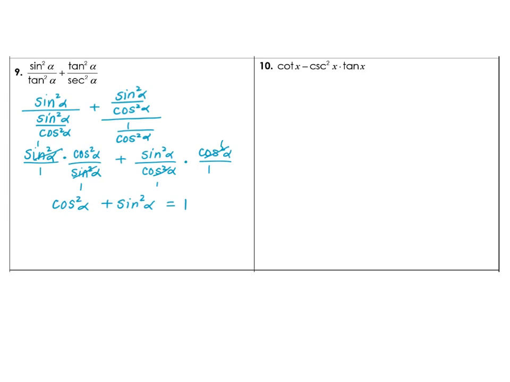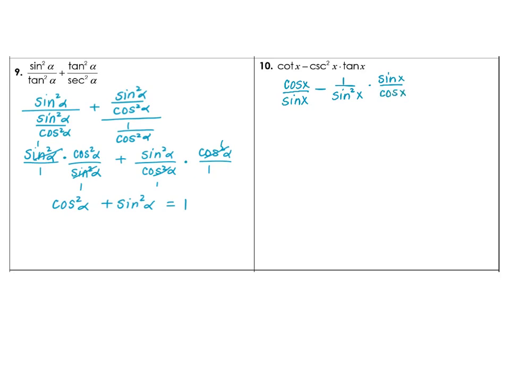Now for number 10, and again, great candidate for doing everything in terms of sine and cosine. So here, cotangent, we know that is cosine x over sine x minus cosecant squared, I know that's 1 over sine squared, times, and then tangent is sine x over cosine x.